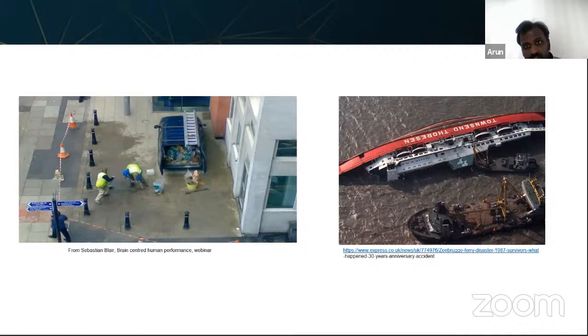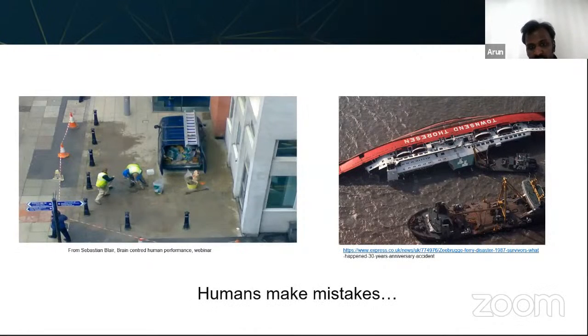When we looked into the investigation, probably he didn't get enough rest, and missed the protocol which he had to follow that day. So the key thing here is humans do make mistakes. It could be low severity, or it could be high severity, like what you have seen regarding the Zeebrugge ferry.